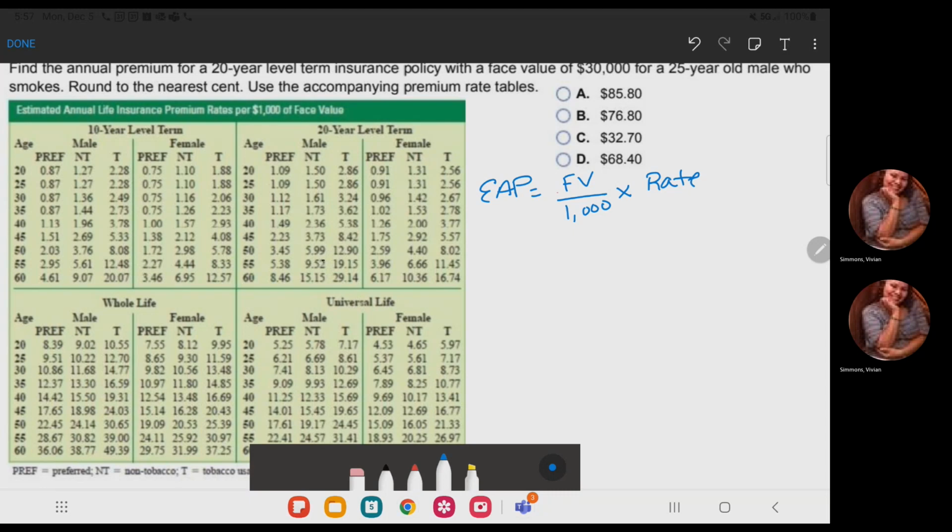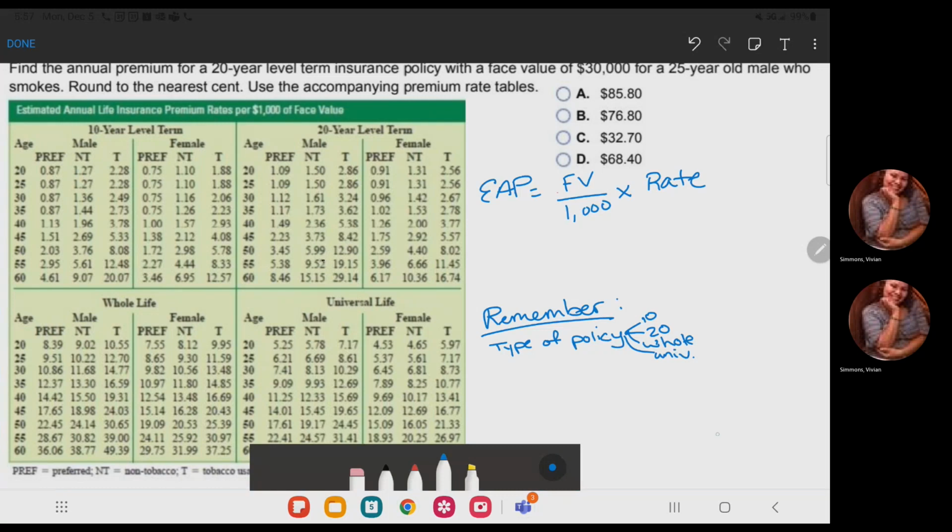So we'll set that up in a moment, but I just want to make a little note of things to remember. You want to know the type of policy, whether it's 10, 20, whole, or universal.